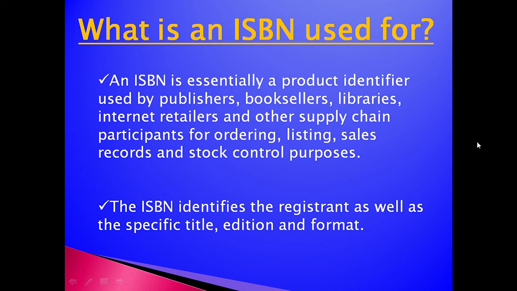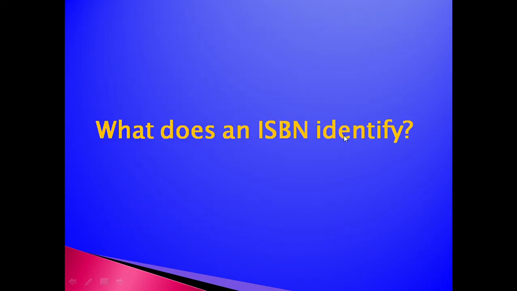Nowadays we have a scanner, no? Whenever we go, you just scan it and everything will come, just like our Aadhaar card. There will be a barcode; you scan it and pull it up. This ISBN is identified as registered as well as a specific title, edition and format. For this purpose only it is used.